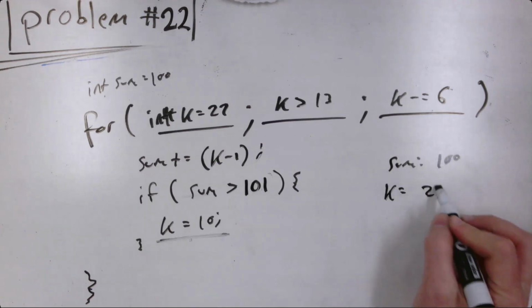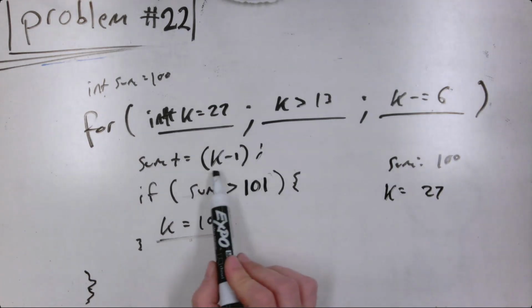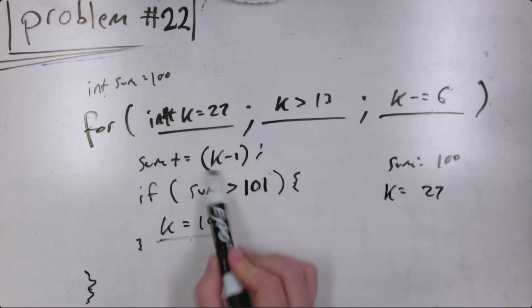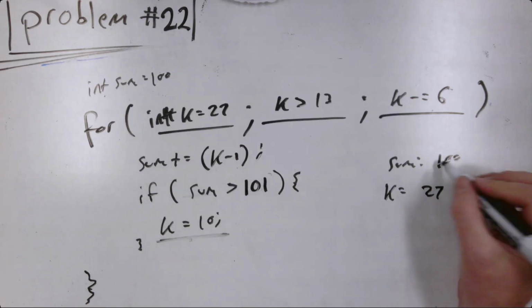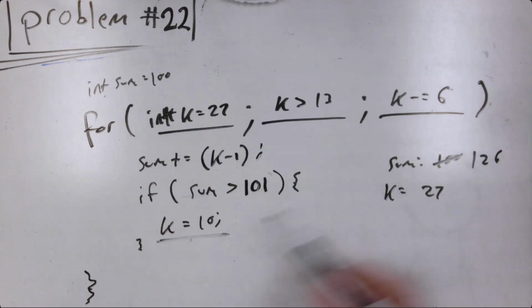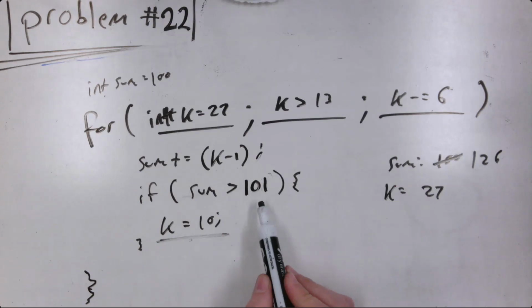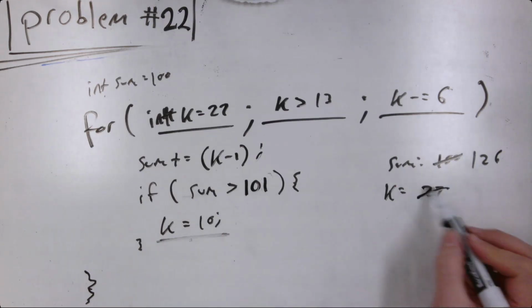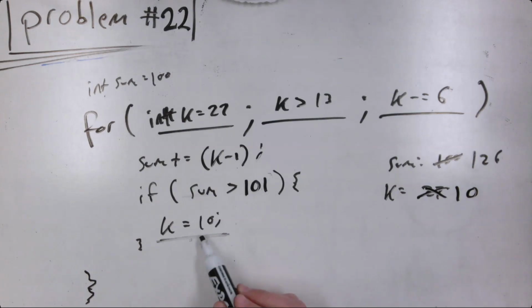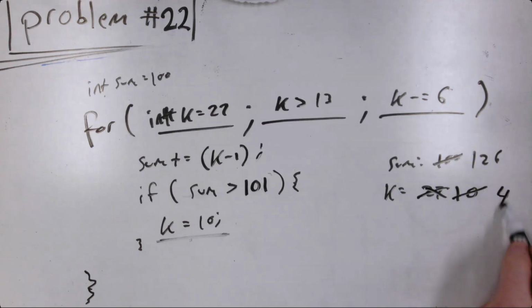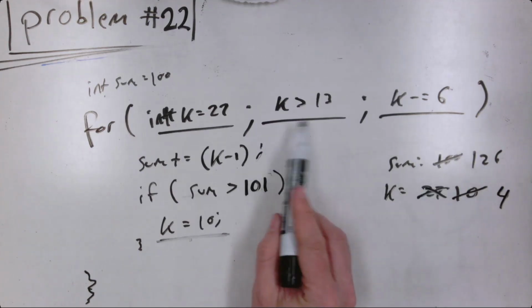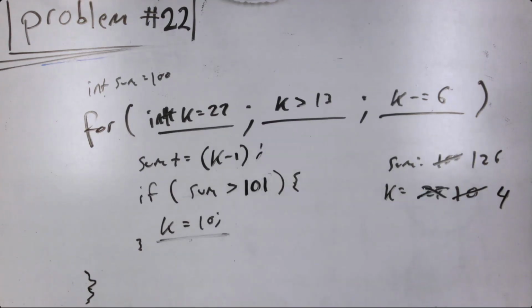K starts out at 27. So 27 minus 1 is 26. I'm going to add 26 into sum, so now sum is 126. Is sum larger than 101? The answer is yes, so I set k to be 10. Then here I subtract 6 from k, so now k is 4. Then I ask, is k larger than 13? The answer is no, and so I exit.